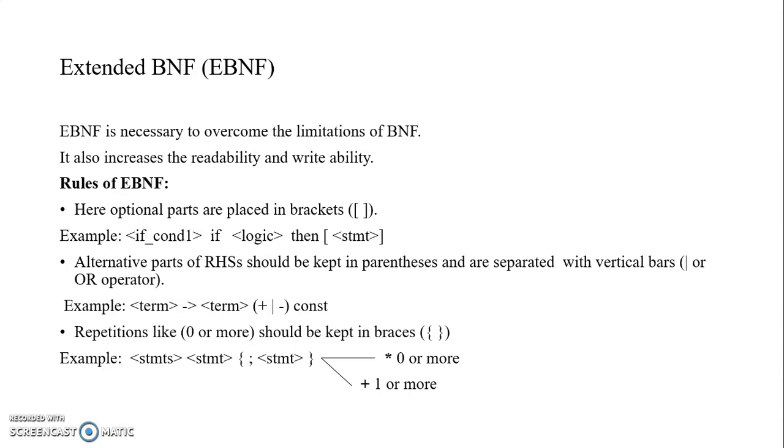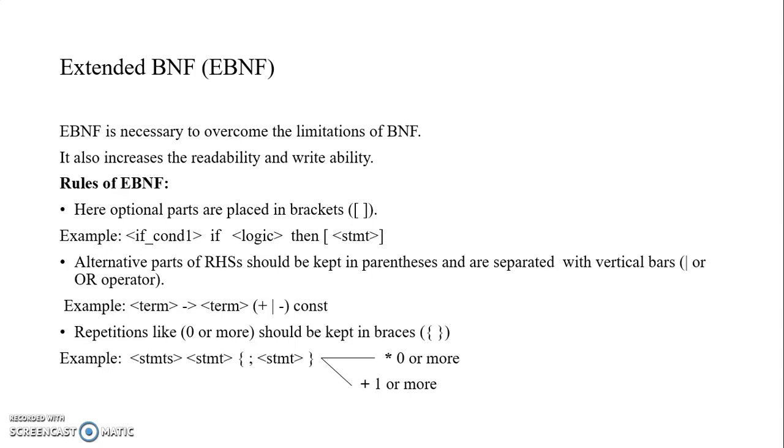The same thing can be written with the help of parentheses and separated with vertical bars, the OR operation. Here I have written term assigned to term, followed by either plus or minus with the constant term. That means you can add these two terms, or you can subtract these two terms with the constant term.